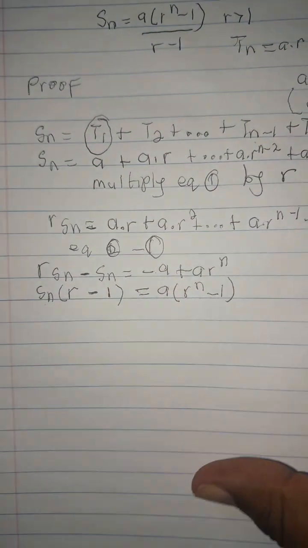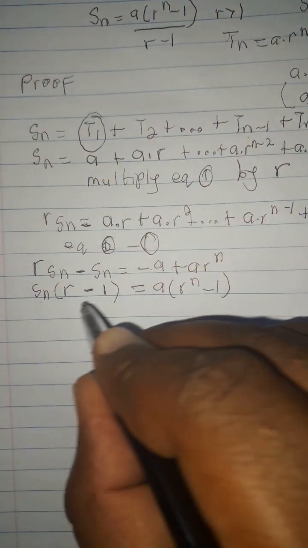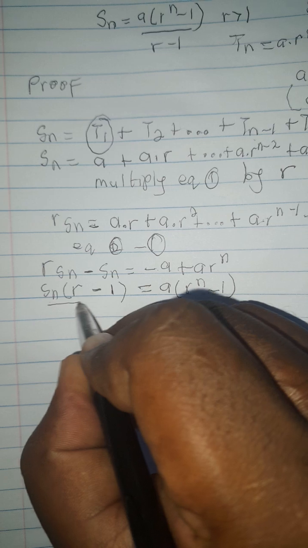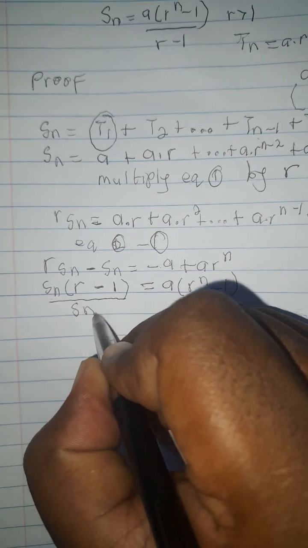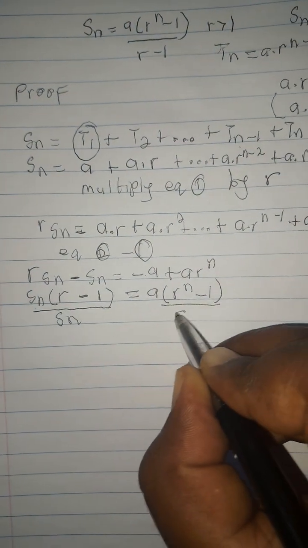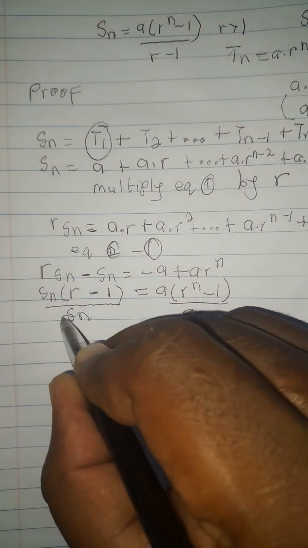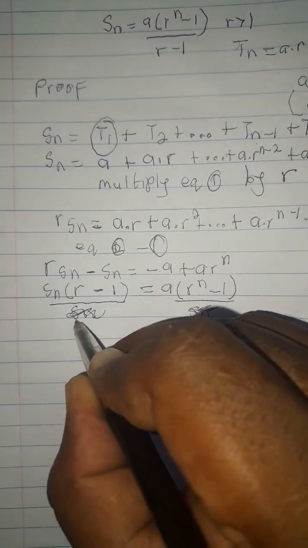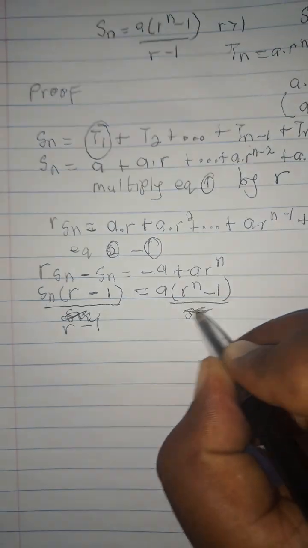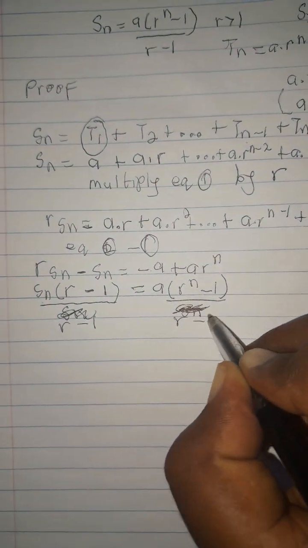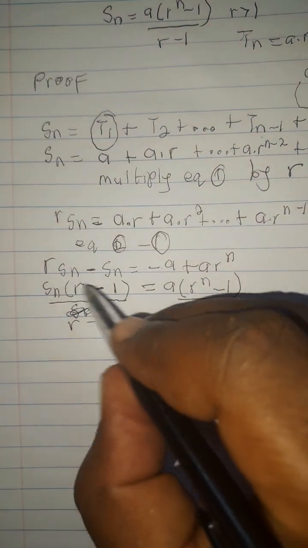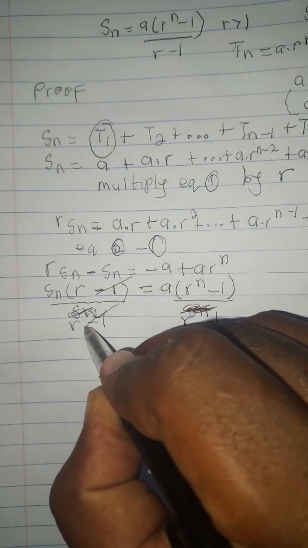So to make our life easy, to make Sn the subject of the formula, you will have to divide everything now by Sn. Am I doing it right? No, not Sn. We are dividing by r minus 1, because we need to make Sn the subject. So here, these are common, we cancel.